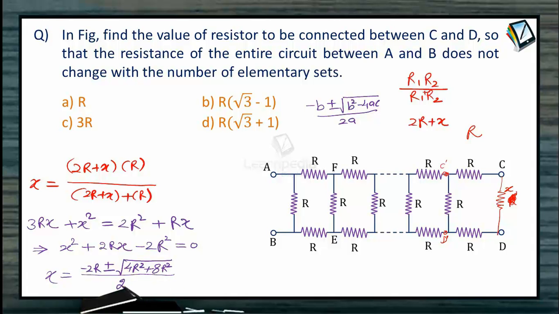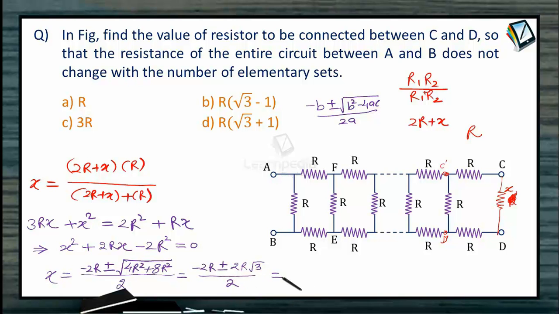A is 1, so it becomes 2. Here 8 plus 4 is 12. So it is equal to minus 2R plus minus under root 12. 12 means 4 into 3. 4 comes outside the root as 2, so 2R under root 3, and divided by 2.